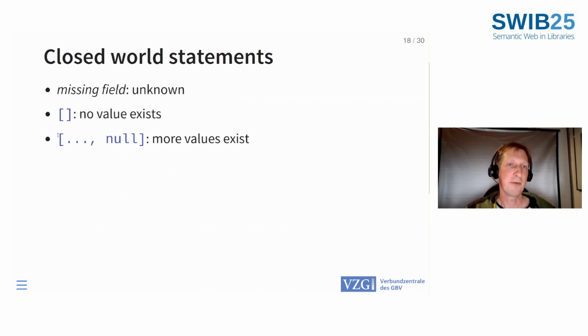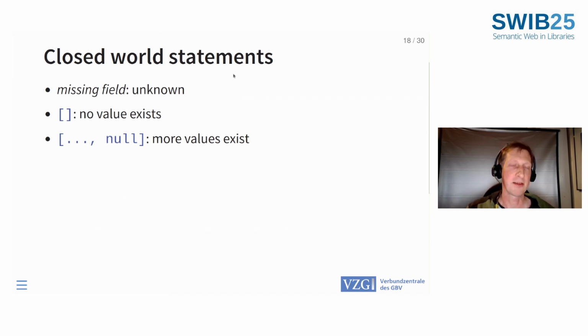But if we want to show that the data is incomplete, for instance, if there's a long list of items, hundreds of them, and we only want to show the first 10, then we start an array and the last value is null. By JSON-LD rules, null is ignored, so it does not hurt. But the web application can check, there's a null value, so there's more information, so I have to query the API for the next page.